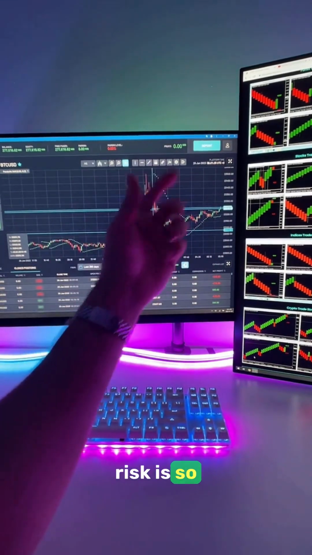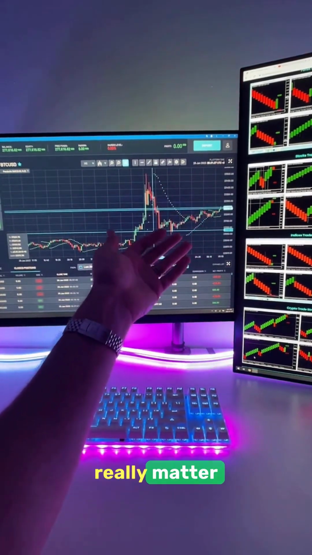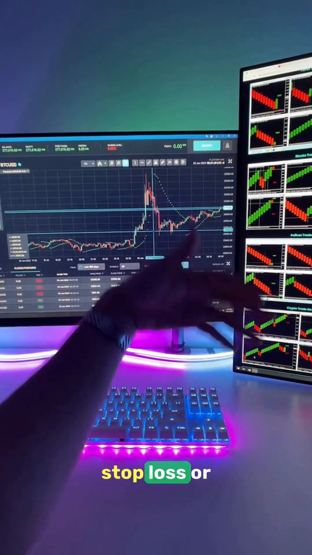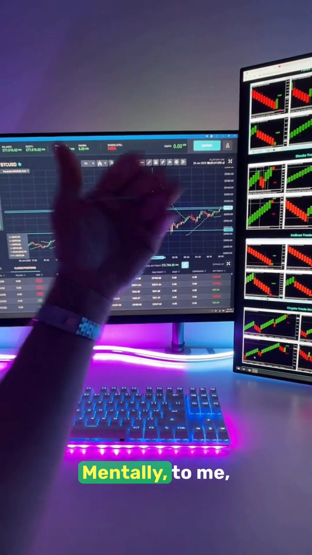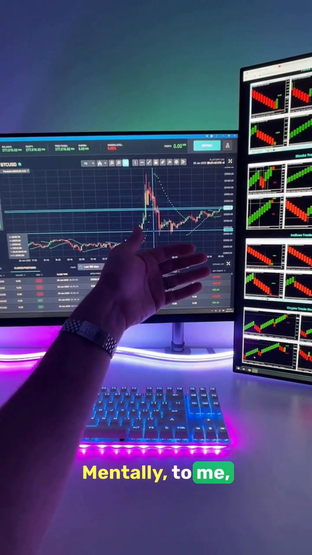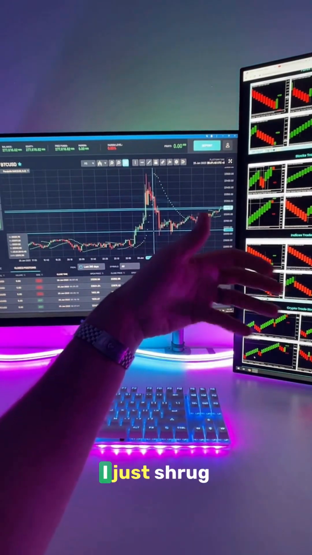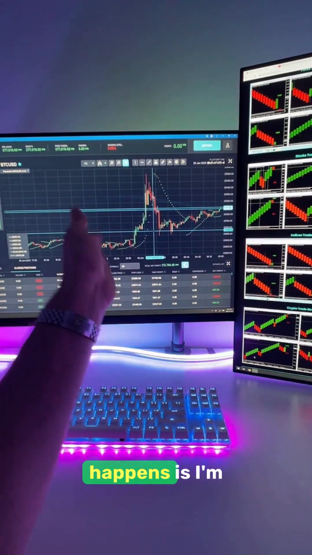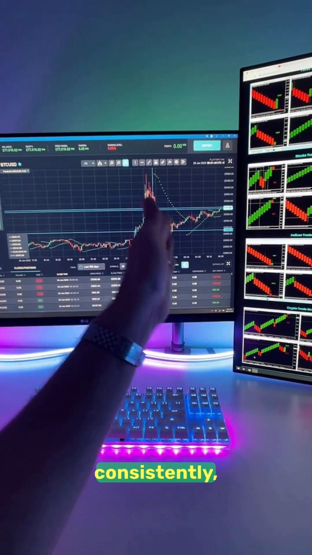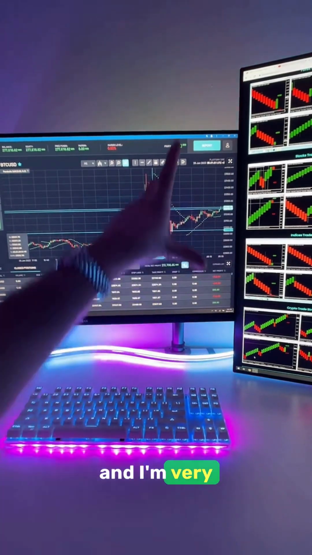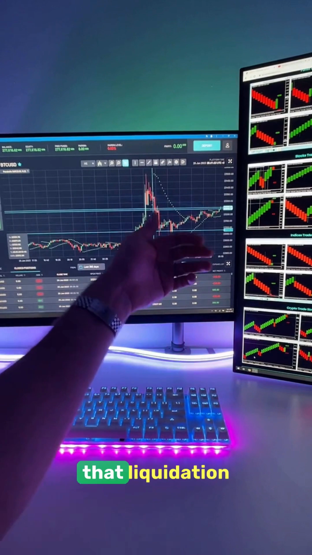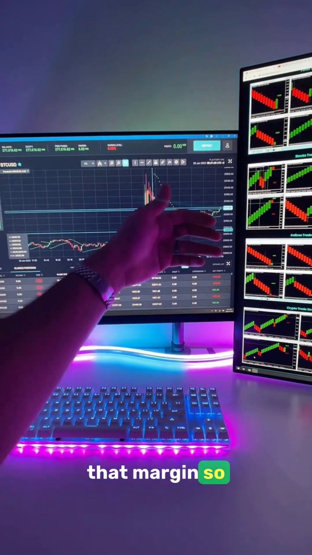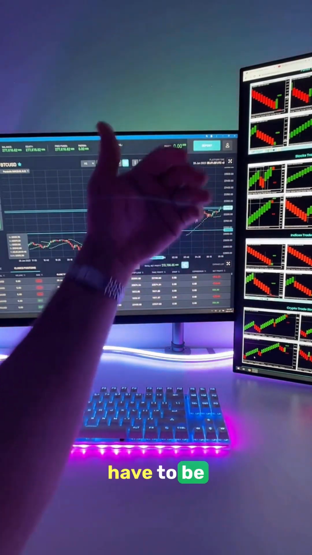Because my risk is so small, it doesn't matter when I'm hitting my stop loss or take profit. Mentally, it's such a small percentage, I just shrug it off. What happens is I'm following the strategy consistently, and I'm very far away from liquidation or that margin, so I never have to be worried.